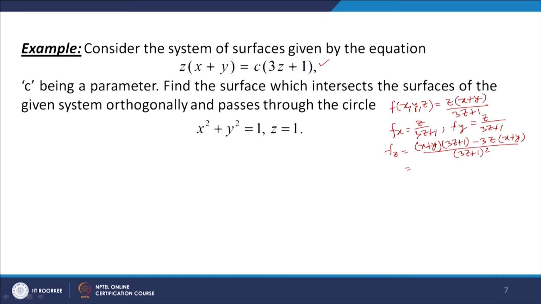So, what do we get? This is (x plus y) times (3z plus 1 minus 3z), so we get f z equal to x plus y divided by 3z plus 1 whole square.